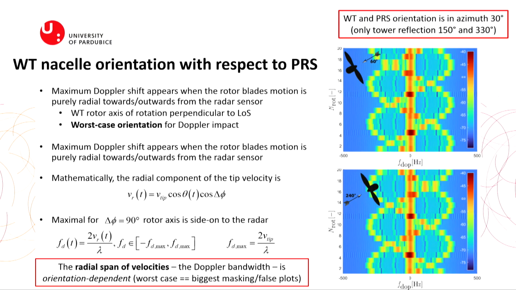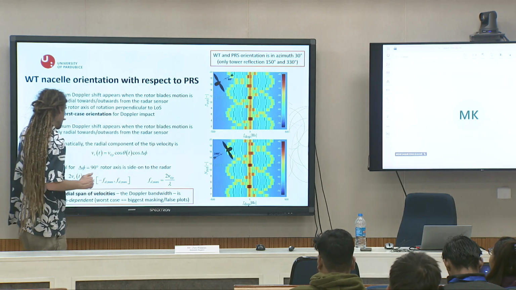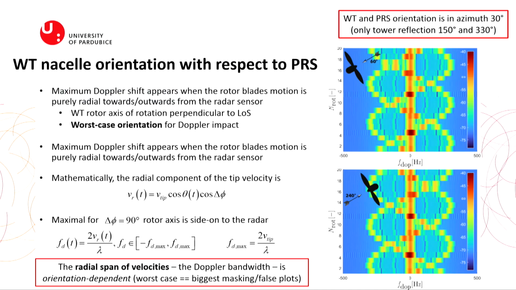There is maximum Doppler shift, so it means that your blades are in exactly the position where there is the biggest movement, and the radial velocity component of the tip velocity is given by this formula. It is the speed of the tip, and these are the individual angles, and the maximum Doppler shift is derived from the rotation speed, and it is from minus Fd max to Fd max.